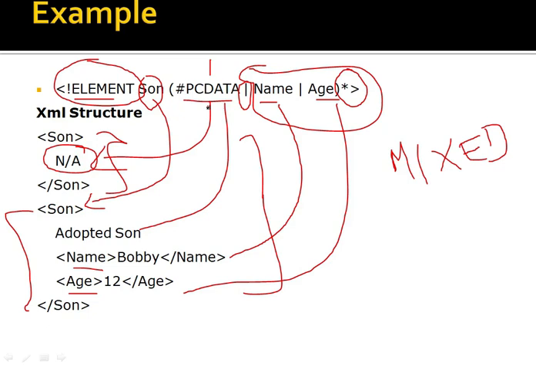Then the types of DTD we have seen: there are two types, an internal and an external DTD. The syntax of DTD we have seen, and the types of DTD elements, like the content rule and the structure rule, we have seen.